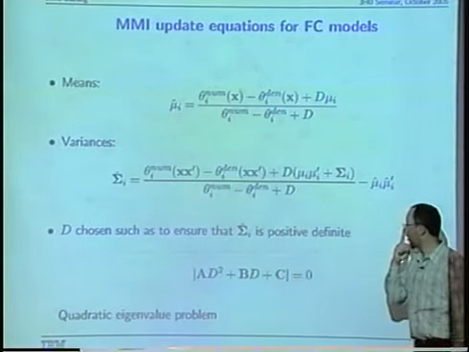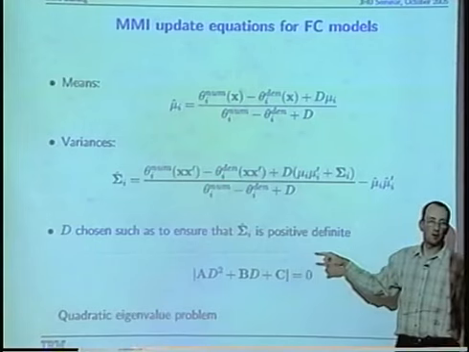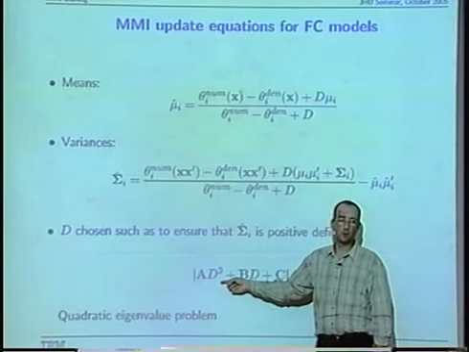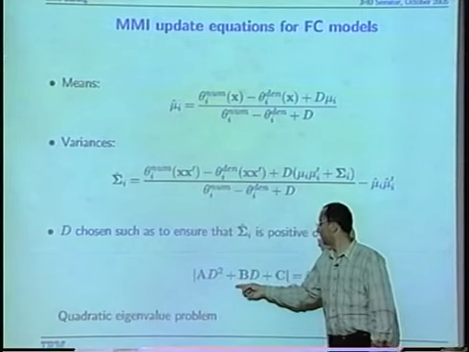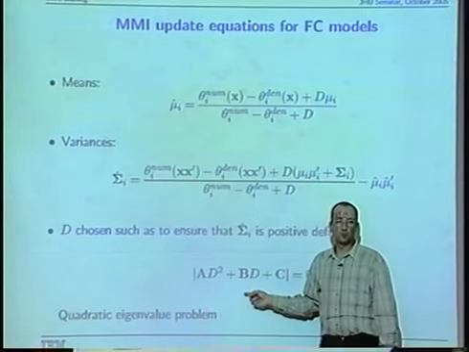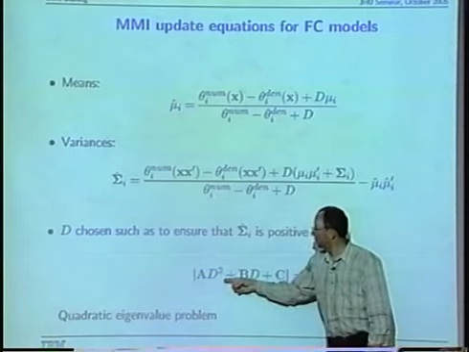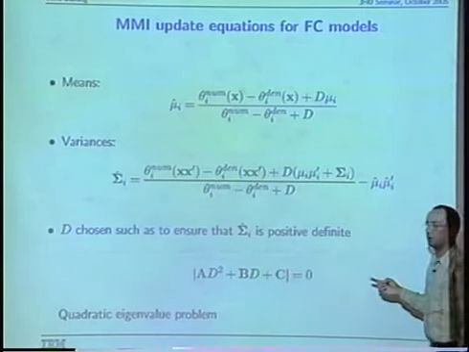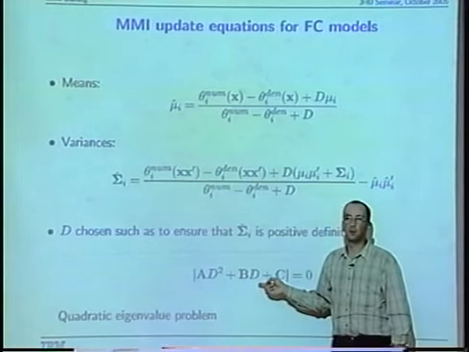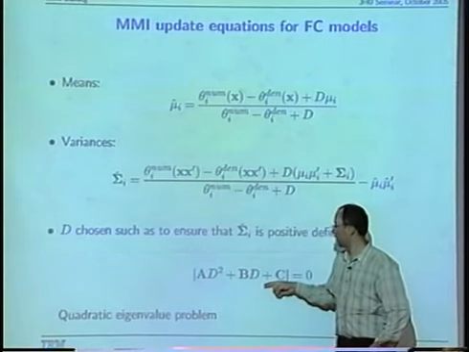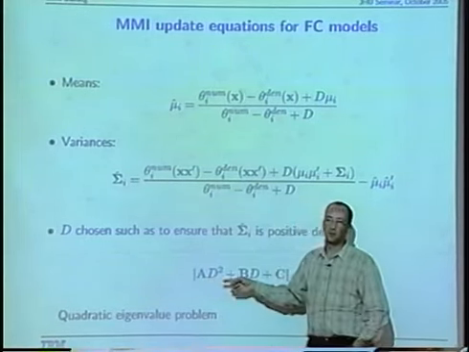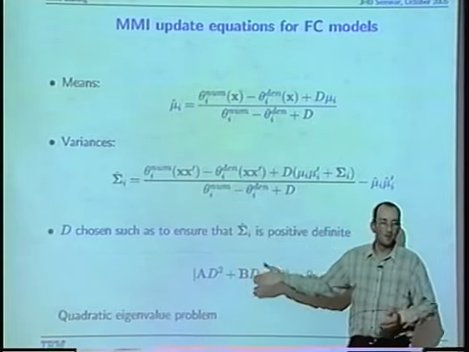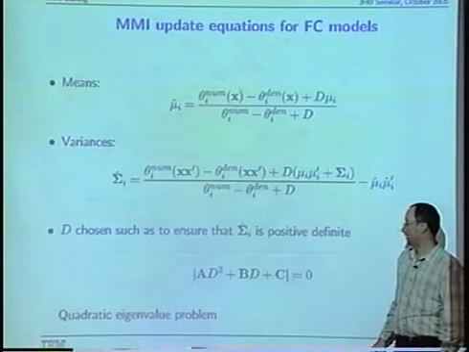But what do you do in this matrix setup? It turns out that you have to solve a quadratic eigenvalue problem to find the optimal d. And so there are methods to do that. You can actually treat a quadratic eigenvalue problem of dimension n as a linear eigenvalue problem of dimension n squared. So there are ways, but what we did in practice, we didn't do any of that. We simply increased the value of d until we saw that the sigmas were positive definite.